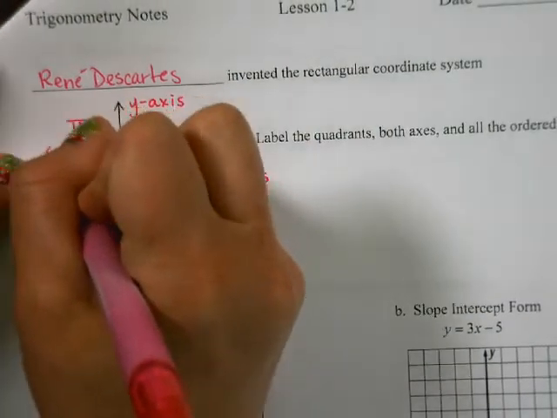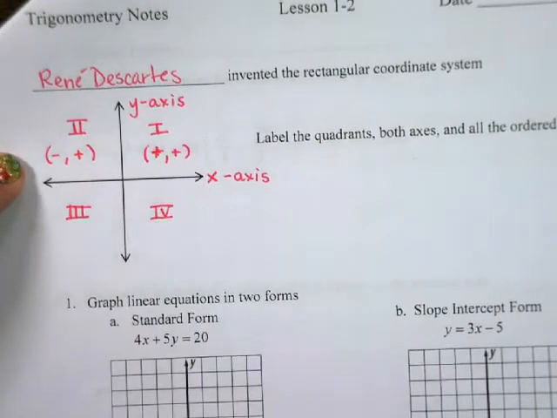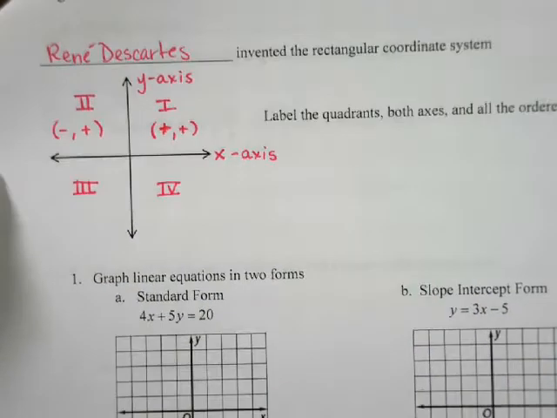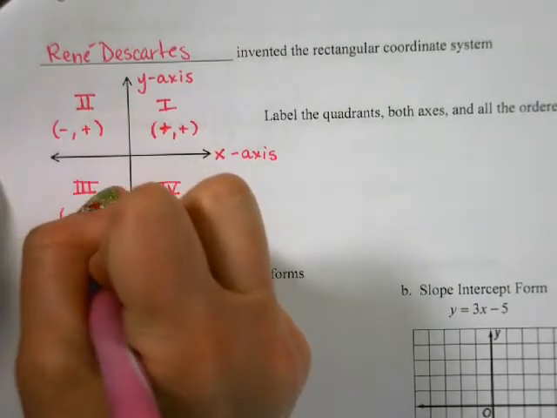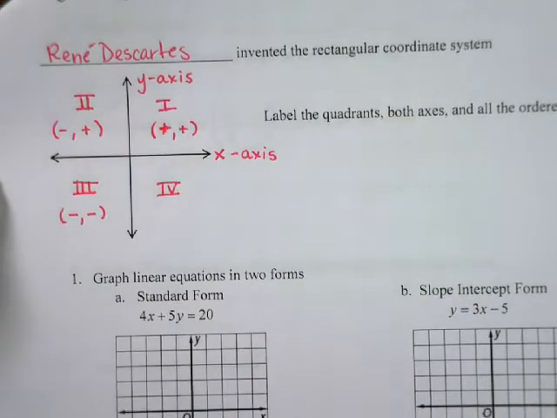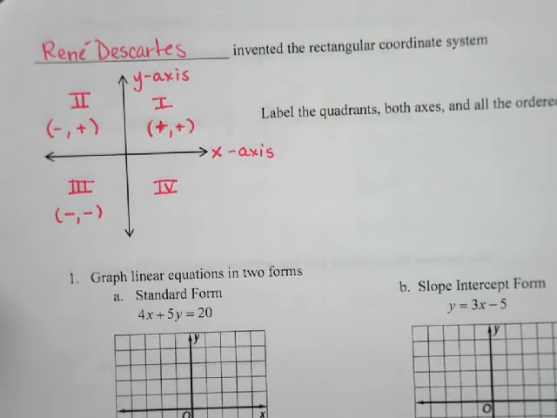X is negative, y is positive. How about quadrant 3? Everybody's negative. He's the sad quadrant. All that negativity.